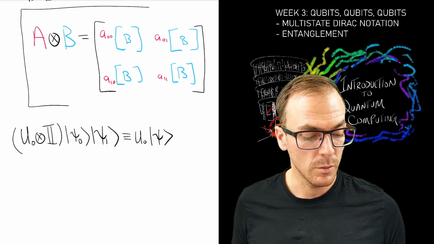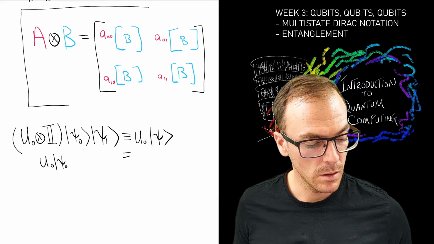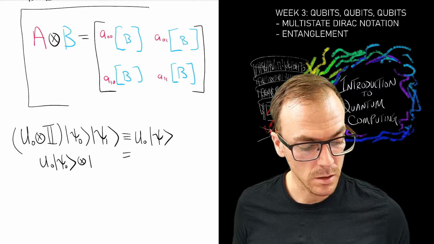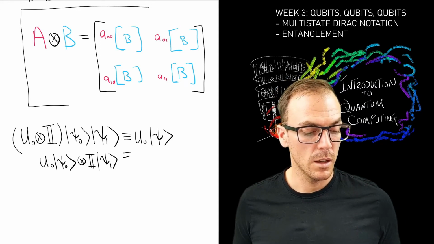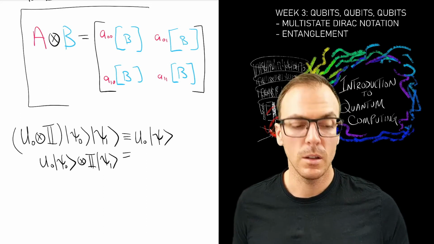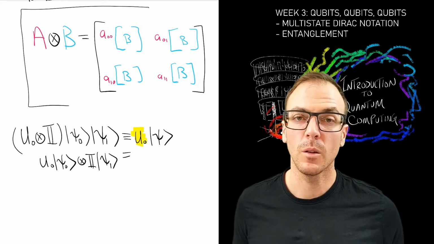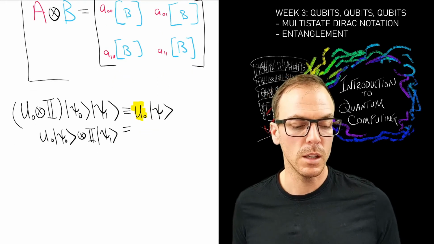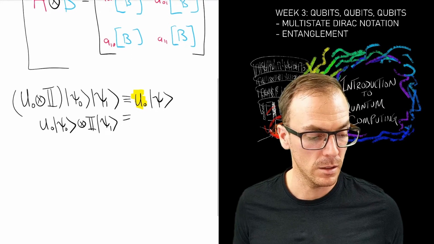So if we expand the left-hand side out, we have U acting on side 0, tensor identity acting on side 1. That is what we must understand if we know the thing in front of a 4-dimensional object is only acting on one of the qubits. And again, it needs to be implicit and understood which one of them they're acting on.